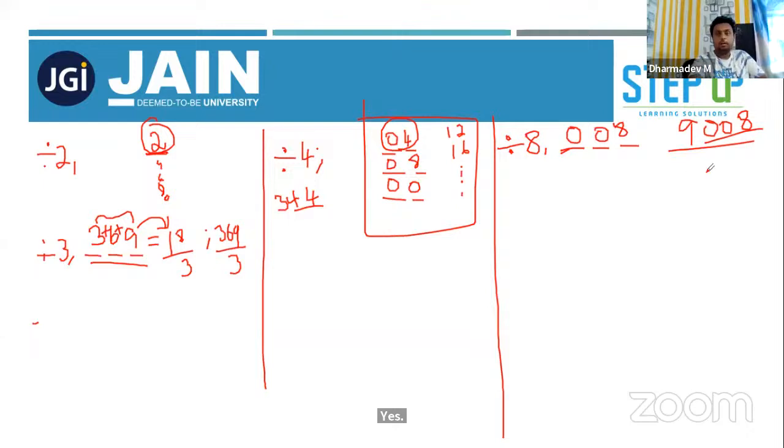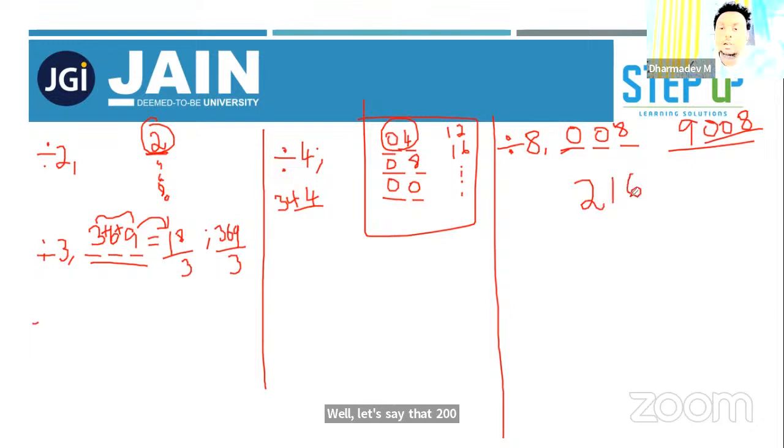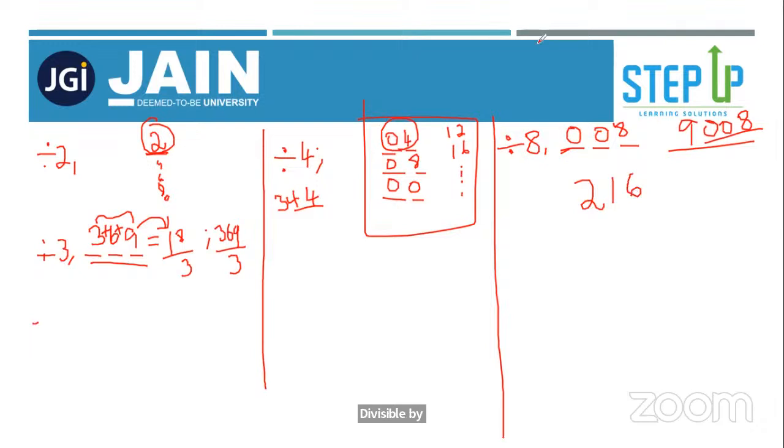Now, let's say 216. Is it divisible by 8? Yes, careful before you answer. 216 is divisible by 8.